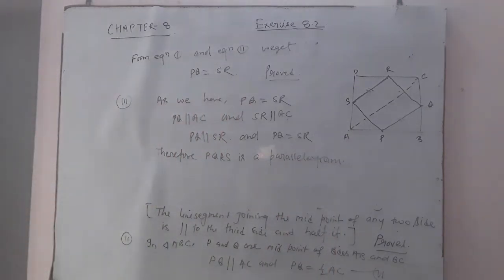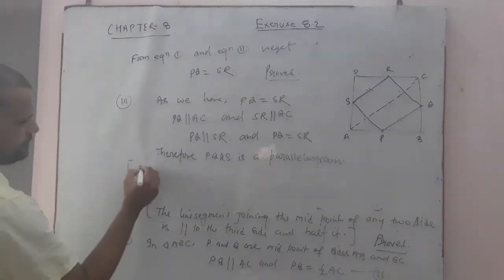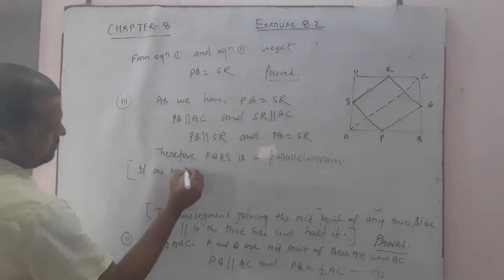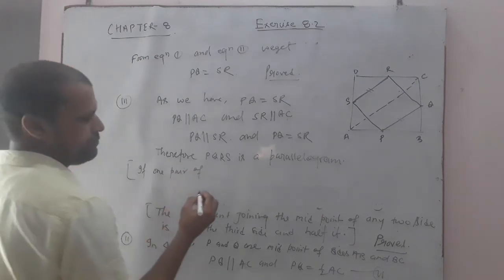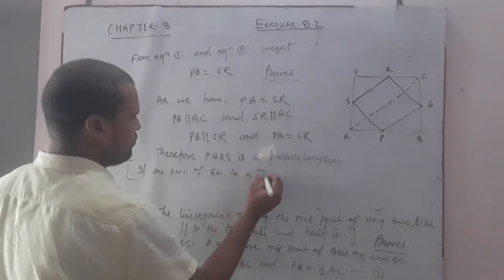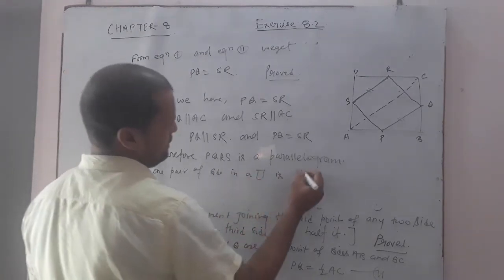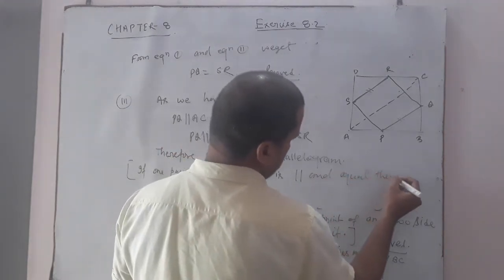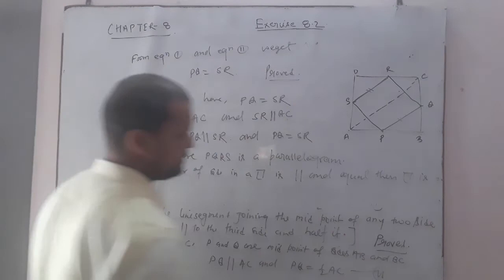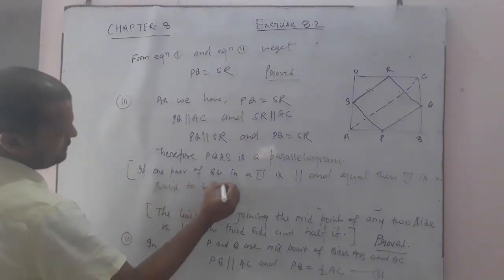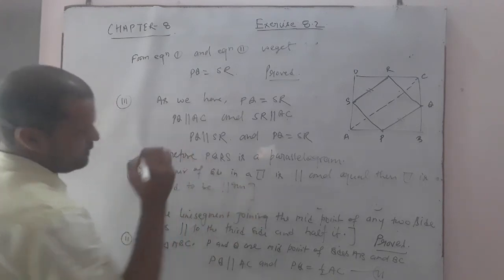Reason: if one pair of sides in a quadrilateral is parallel and equal, then the quadrilateral is said to be a parallelogram.